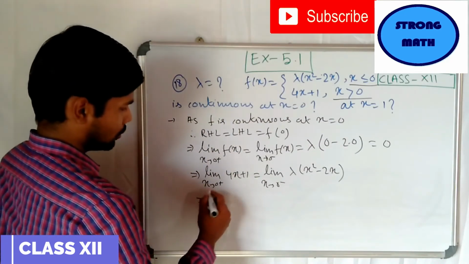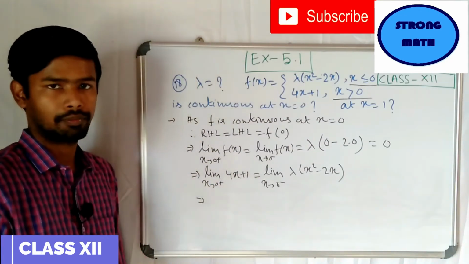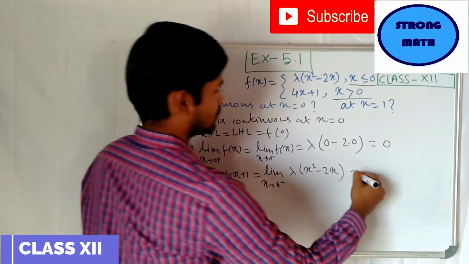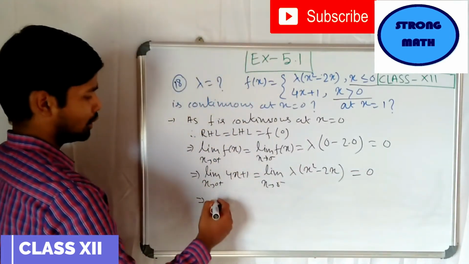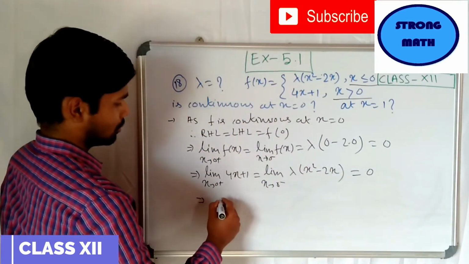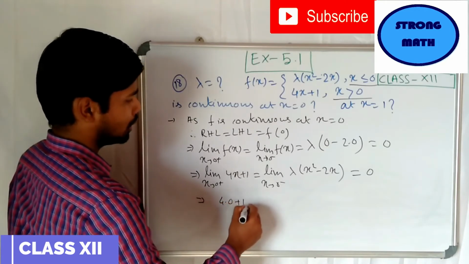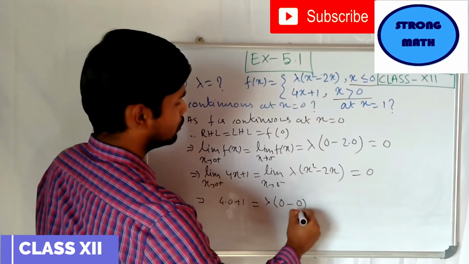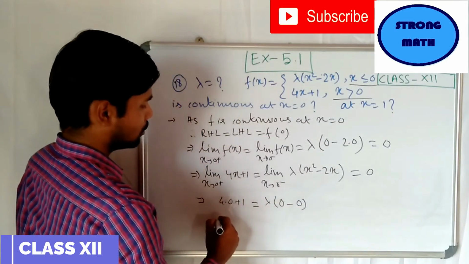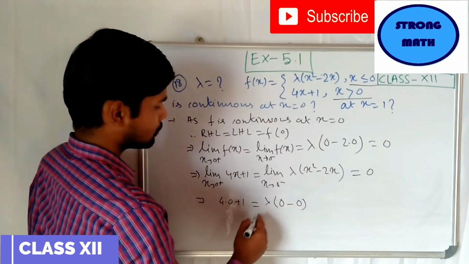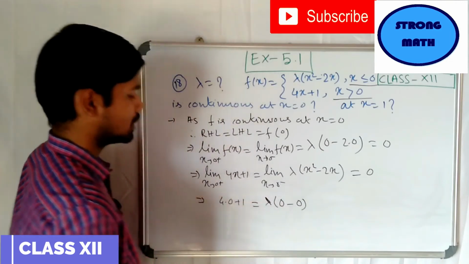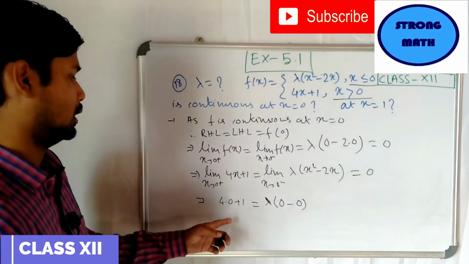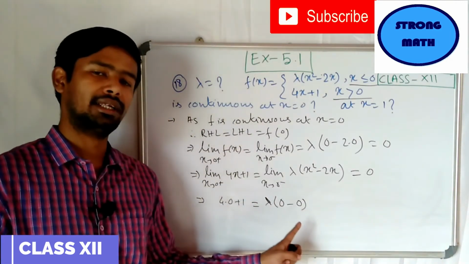So look, if we put 0 here, what will happen? 4 into 0 plus 1 equals lambda into 0 minus 0. So basically we have an absurd result. On the left hand side it is 1, on the right hand side it is 0.